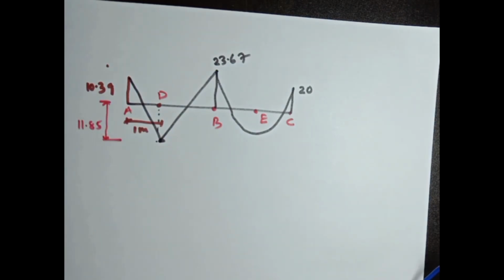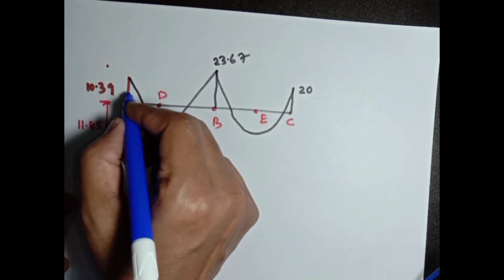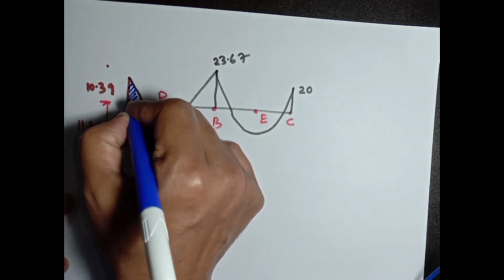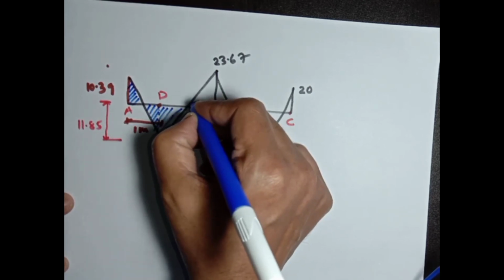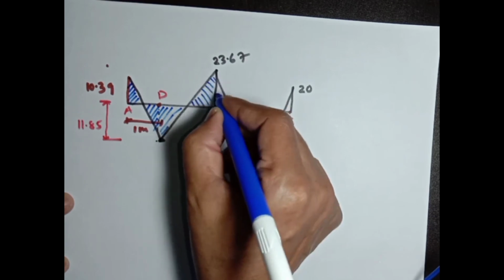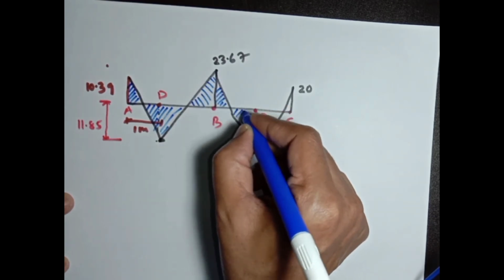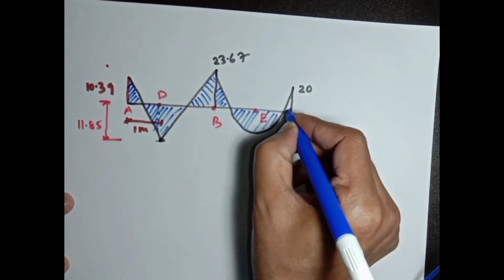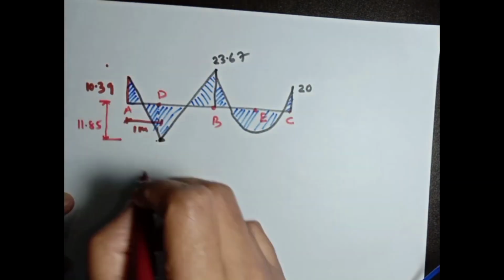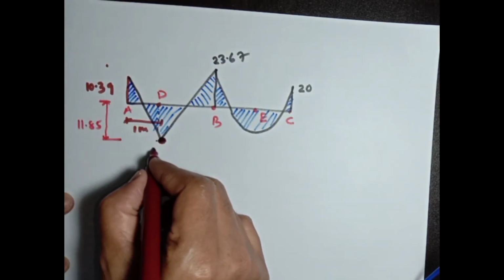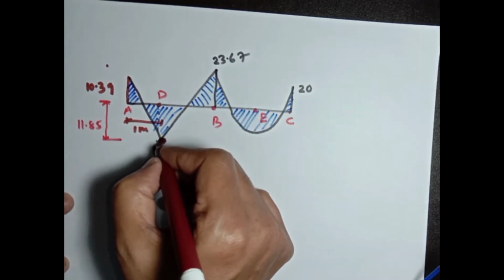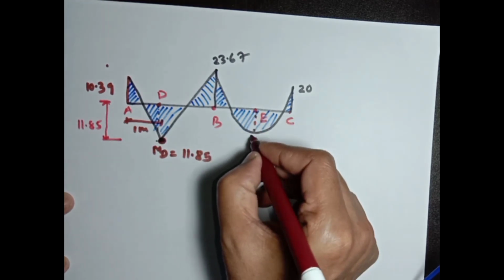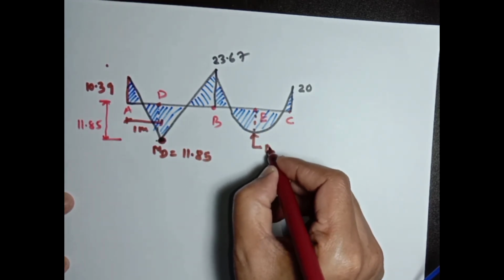Now we will draw with hatch portion what is our actual bending moment diagram, as per our analysis. The support moment at point D, you can say MD, value is 11.85. Support moment, no, span moment. At point E it will be a moment that is called ME.